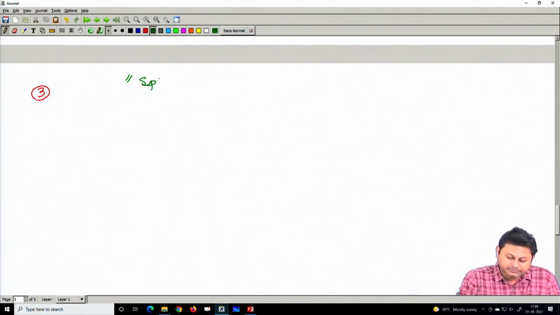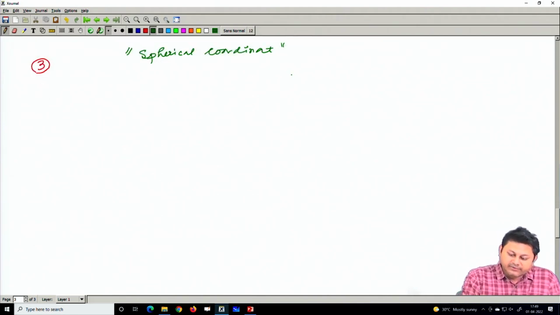Spherical coordinate. In spherical coordinate, what values are we having?